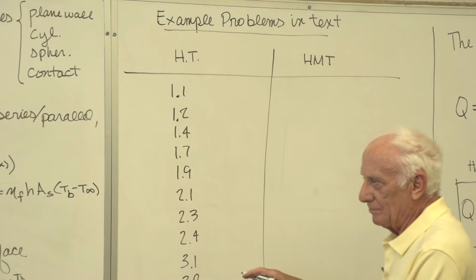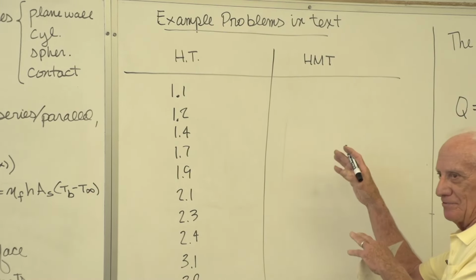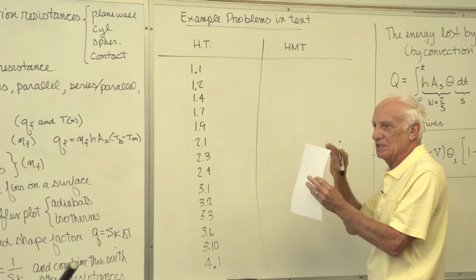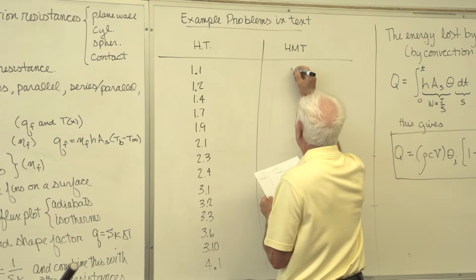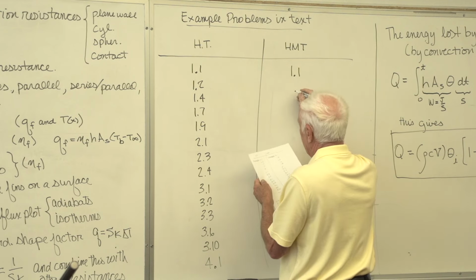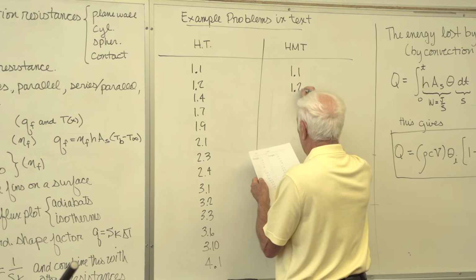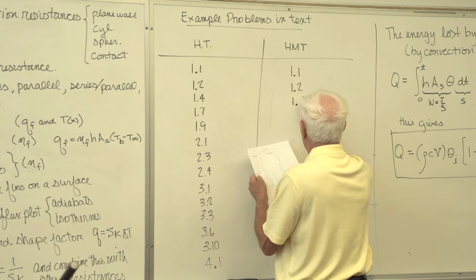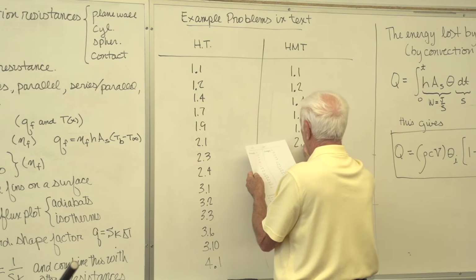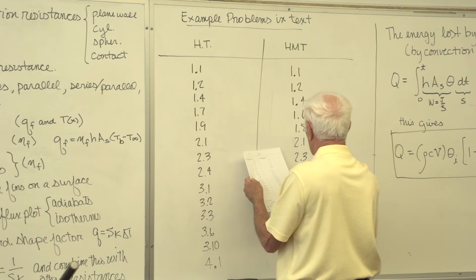Now these same problems are in the heat and mass transfer textbook, but sometimes the numbers change because the author changed the textbook slightly. So these are the ones that are similar to the left-hand column, but they're in the heat and mass transfer textbook. It depends which one you've got in your hands or on your laptop. Most are the same numbers, but there's a couple that are slightly different.